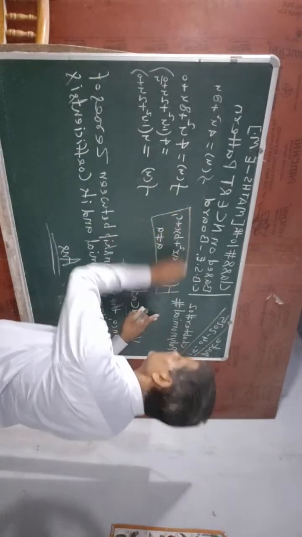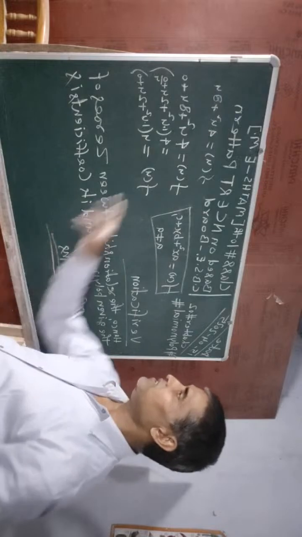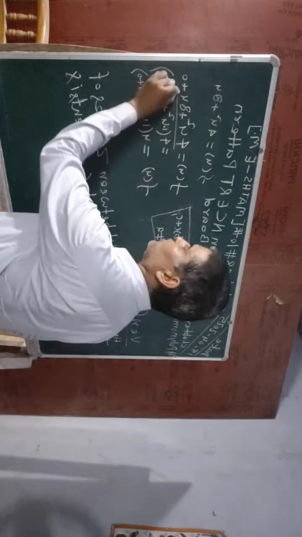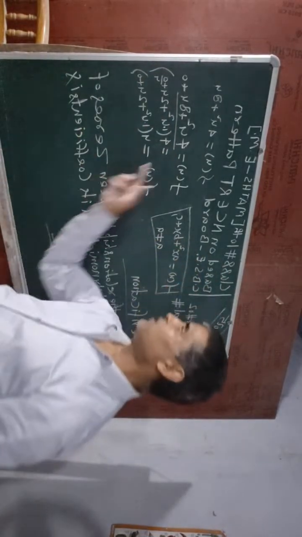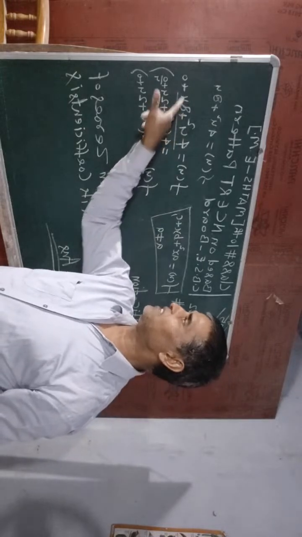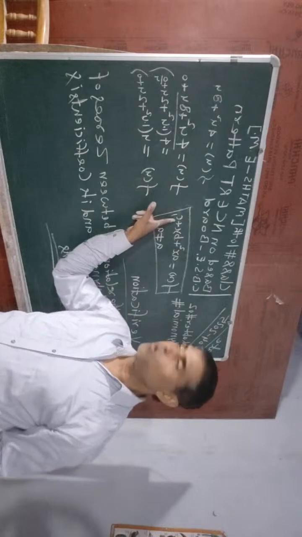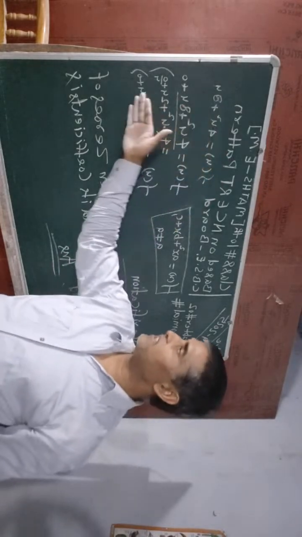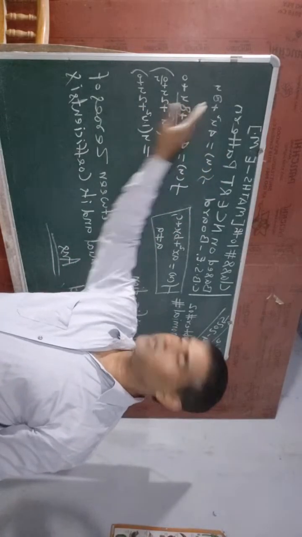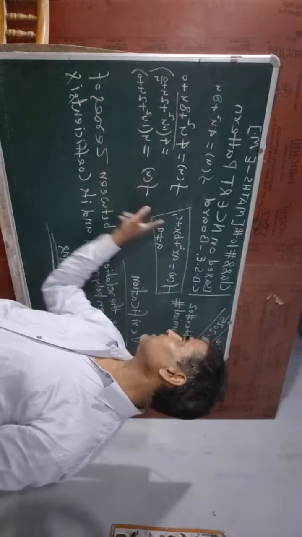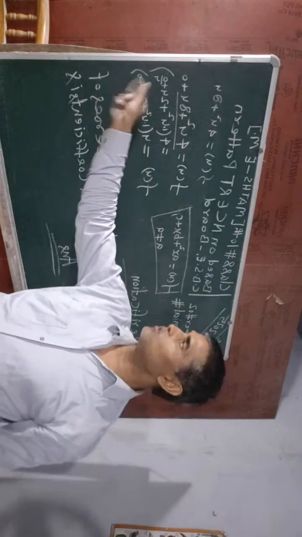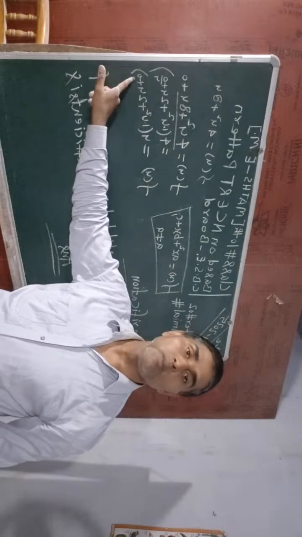This is the general quadratic polynomial. Now this given one is also a quadratic polynomial, but a particular one, where the constant term is 0, whereas in the general form the constant term is c. Okay students, so you have to arrange the given polynomial in the general form; the constant term is available in the general form, but here it is 0, so you have to put 0 there.